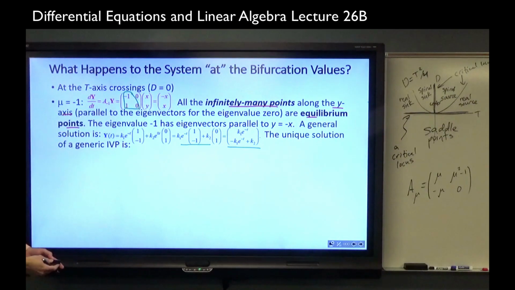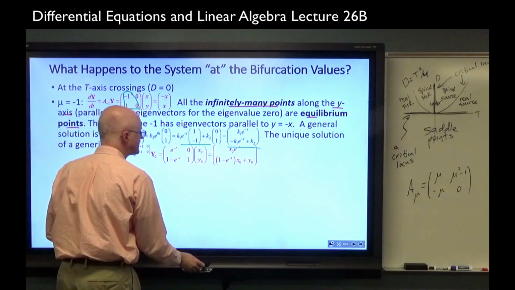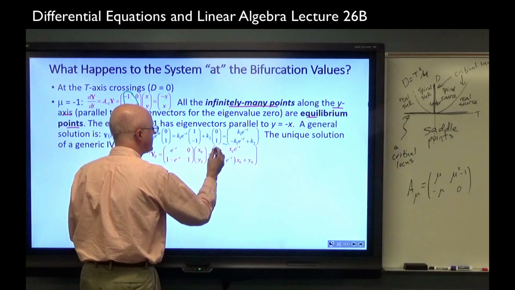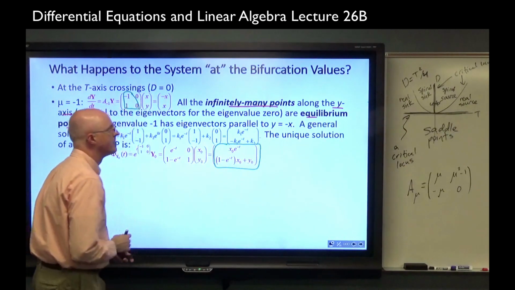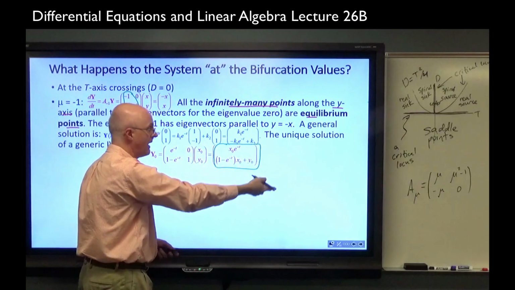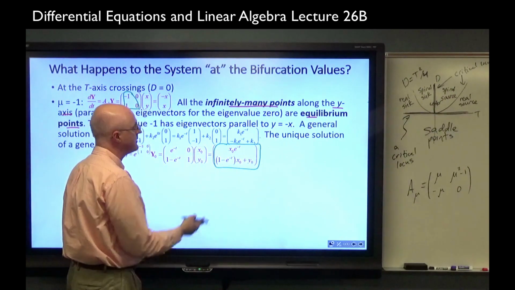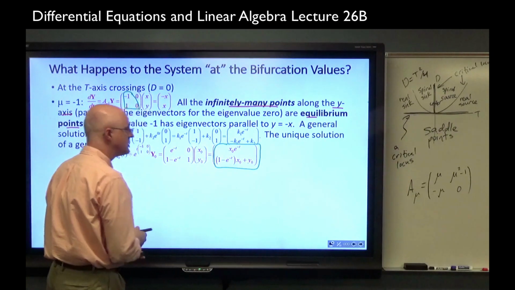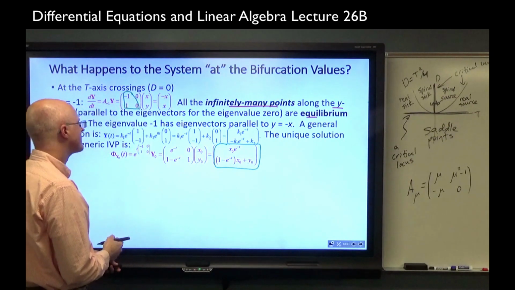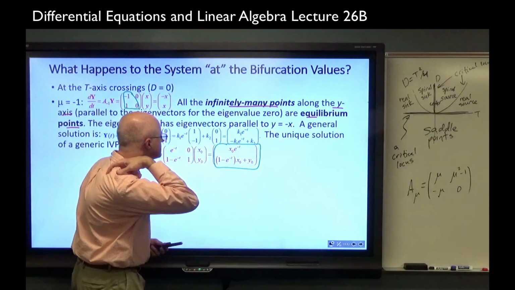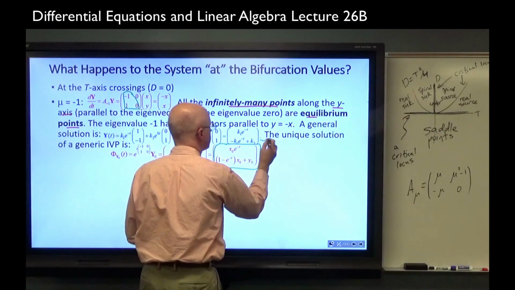If you solve a generic IVP, you can check you'll get this. You could solve it without the matrix exponential. You could essentially just jump right to here by setting t equal to 0 up here, setting this equal to x0 and y0, and solving for k1 and k2. In fact, k1 has to be x0. And k2, it looks like, must be... got to be a bit careful here.